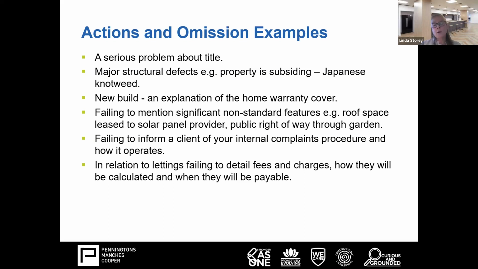And again, I know I keep mentioning the complaints procedure, but it is something that can get forgotten as an element of CPRs. And with lettings, I put there on the bottom, generally in lettings, the majority of omissions or actions that cause problems is fees, unfortunately, and they absolutely need to be disclosed as to what needs to be paid and when.